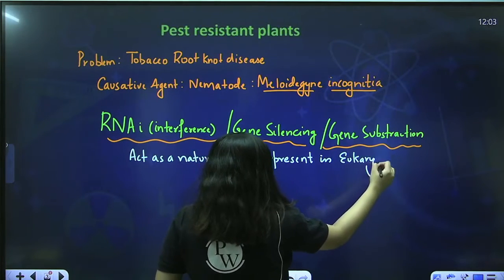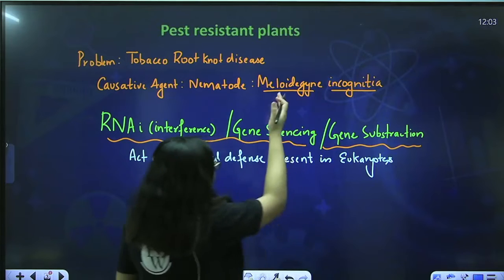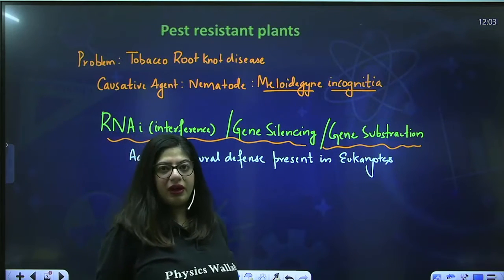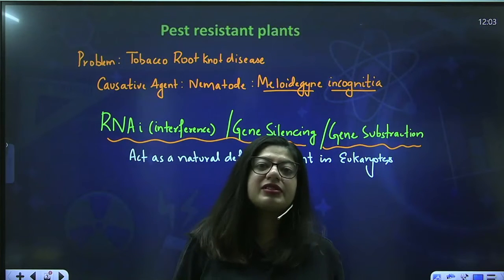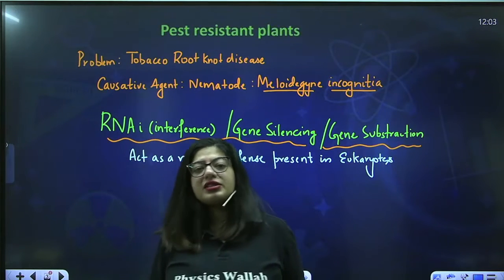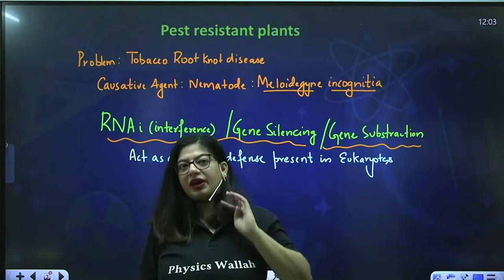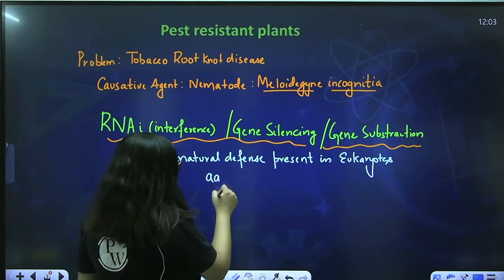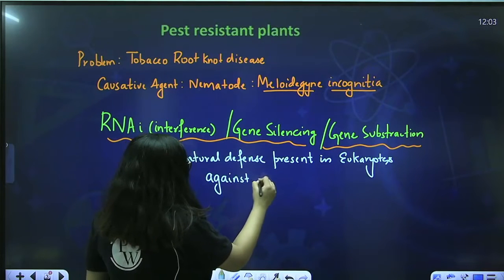Now, why do we need this defense? We are not getting infected by the Meloidogyne. Then what are we infected by? We may get infected by some viruses, so that viruses may not hijack our machinery all the time. So we have this technology. So this is for eukaryotes against viruses.